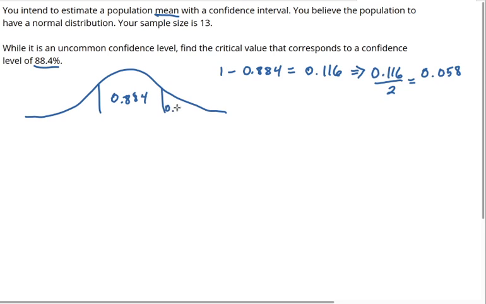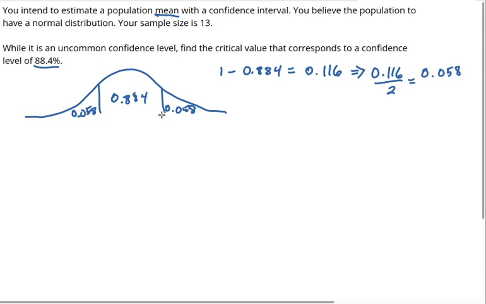So those would go here, 0.058 in the right and 0.058 in the left. To double check that, you can add these three numbers together and you should end up with 1, representing the entire area under this curve.